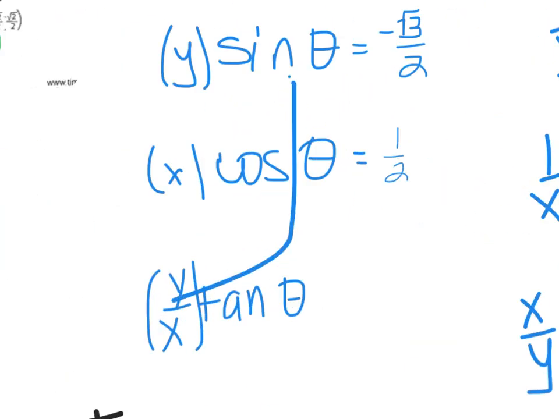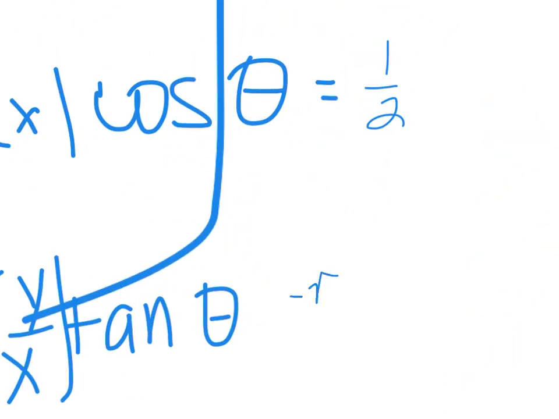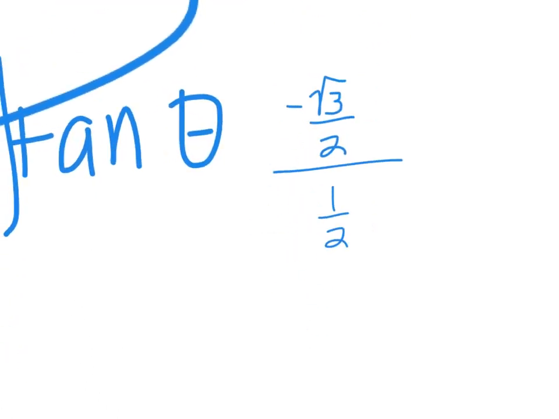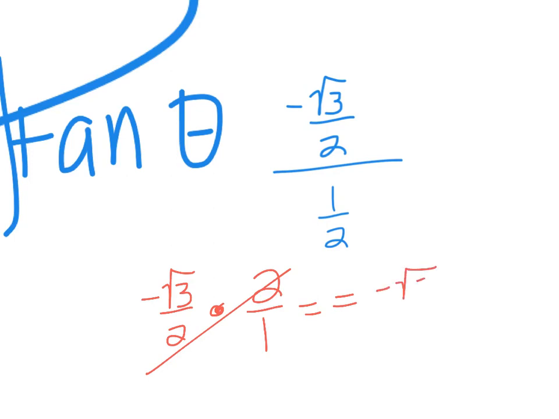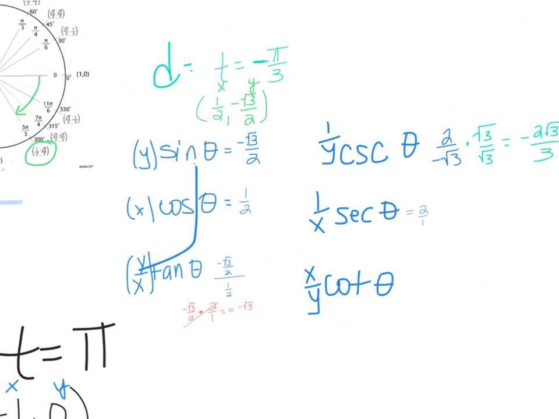And then lastly, we'll do our tangent. It's y over x. So my y value is negative √3 over 2. My x value is 1/2. So we're going to keep, change, flip. 2's cancel out. My tangent is negative √3. If I were to write x over y, or I just flip this, it would be 1 over negative root 3, but I'll show you.